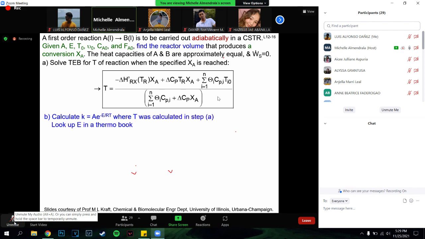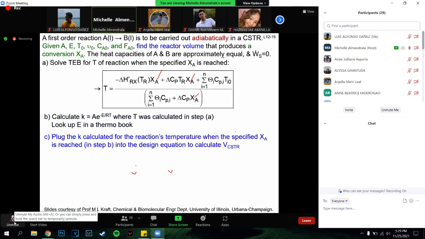So calculate now your K because you already have your X. This is known, that is known. Everything is known, all right? So calculate your T based on given X. All right, so in that case, we can calculate na as well the K value and plug the K value in the rate law expression when the specified XA is reached into the design equation to calculate for your volume.